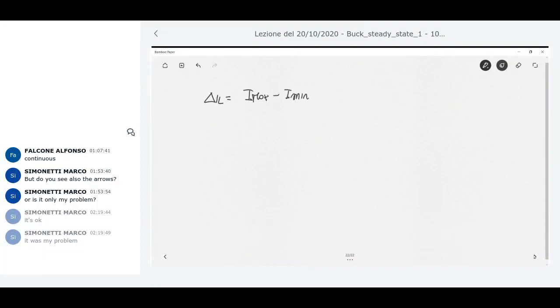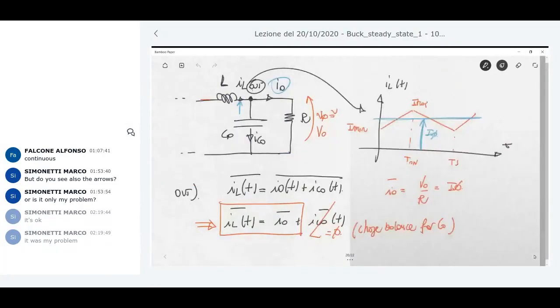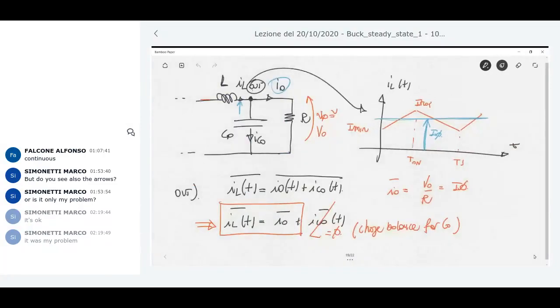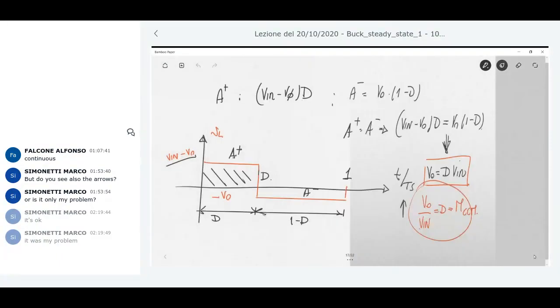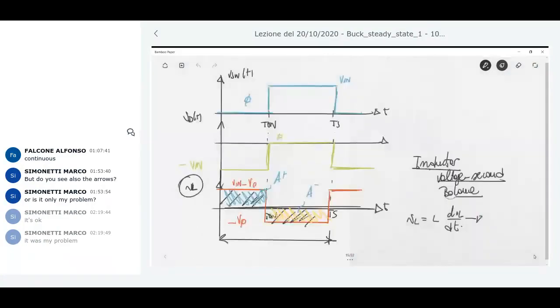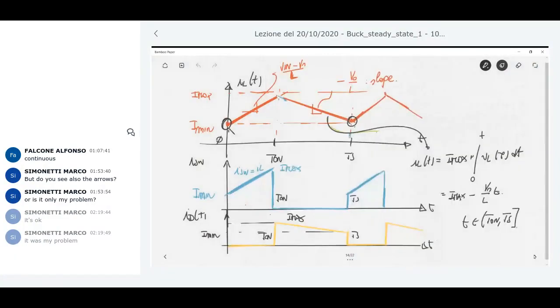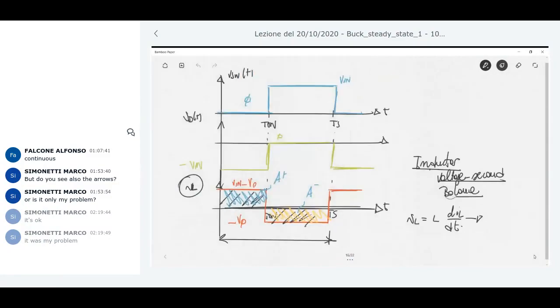We have discussed this here: I max minus I minimum. How can we find this delta IL?